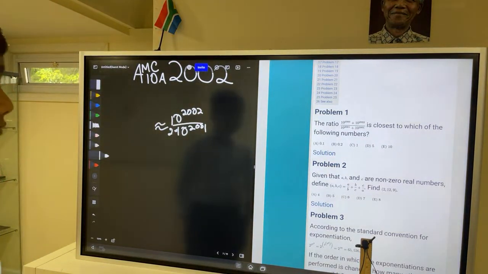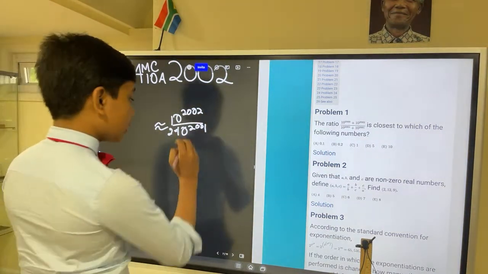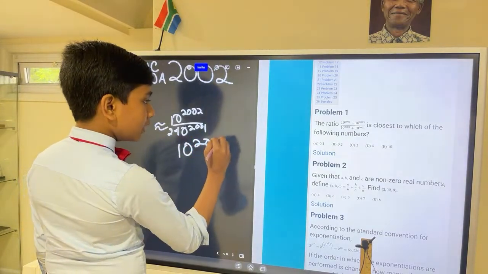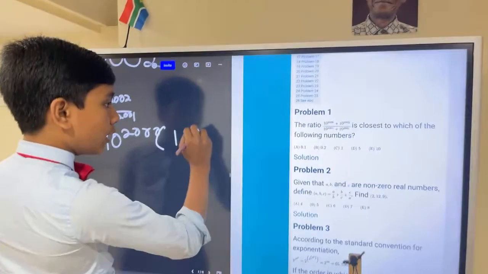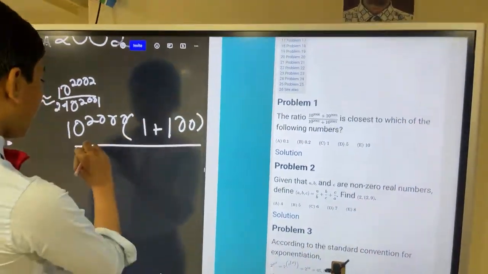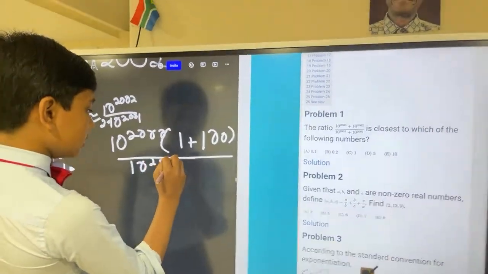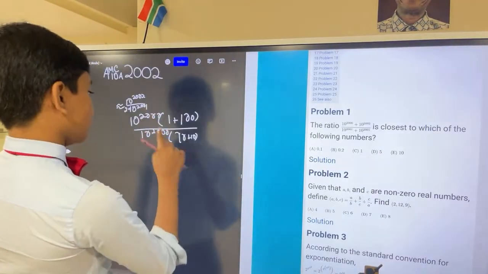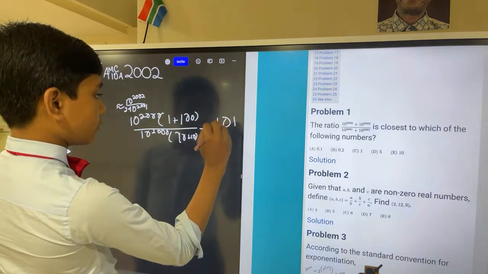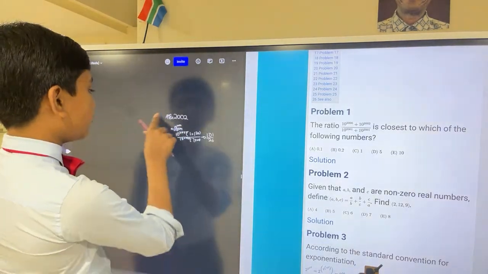Another way of going about it would be to factor out 10 to the 2000 from both sides. So the ratio is almost like 101 over 20, which is about 5.